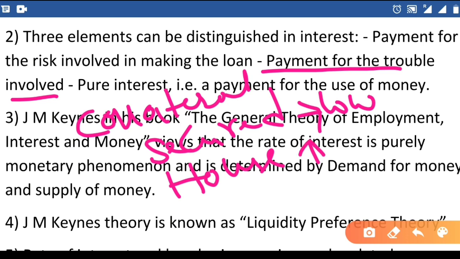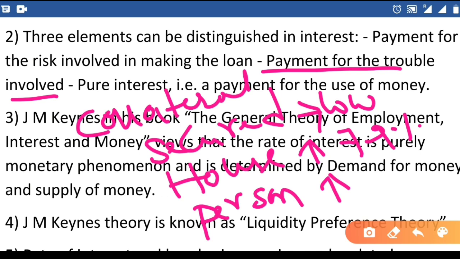That's why the housing loan interest rate is 7.9. If we take a personal loan, there is no security, there is no collateral. That's why the personal loan rate of interest is always high, for example, more than 10%. So here, depending on trouble, the interest rate changes.